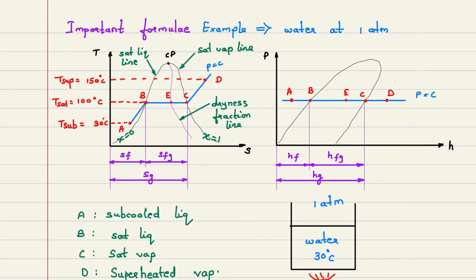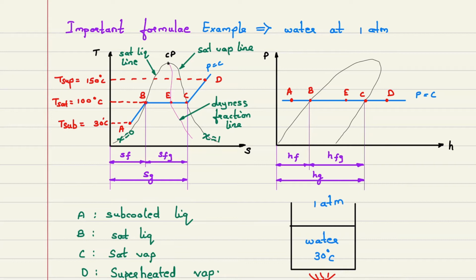Next, if you observe the diagram, on x-axis I have shown entropy, and on PH diagram on x-axis I have shown specific enthalpy, and here we have used notation f, fg and g. So what is this? When a point lies on saturated liquid line, we use notation f, so that will be saturated liquid.